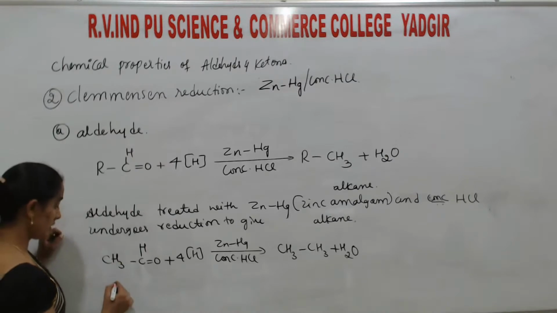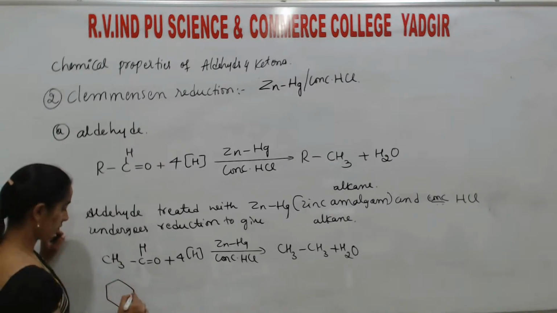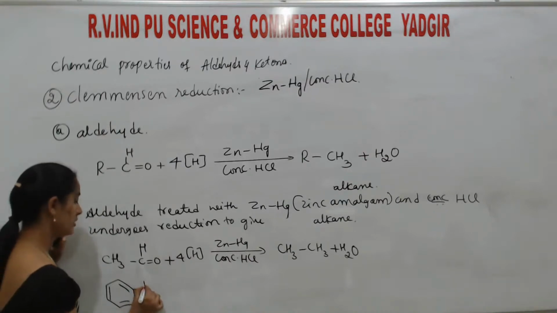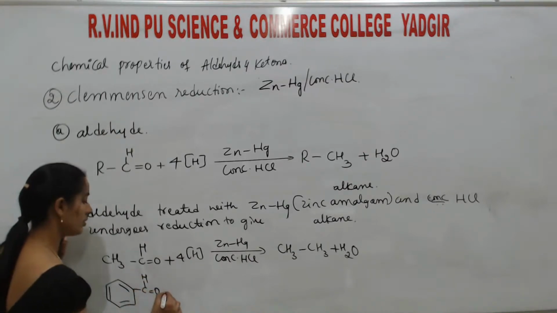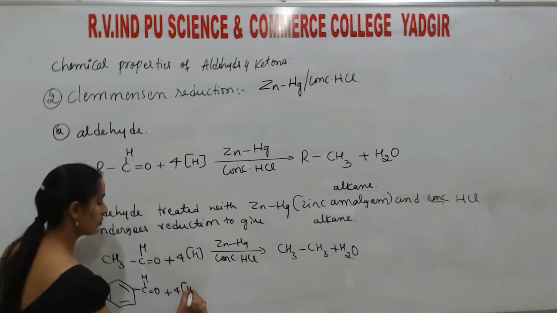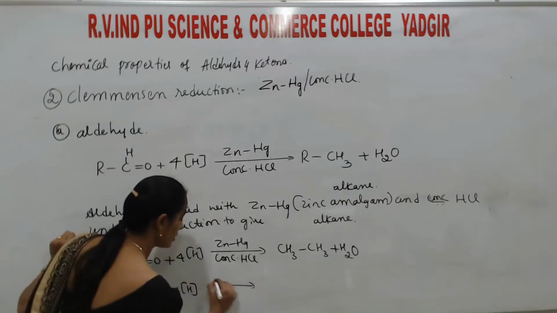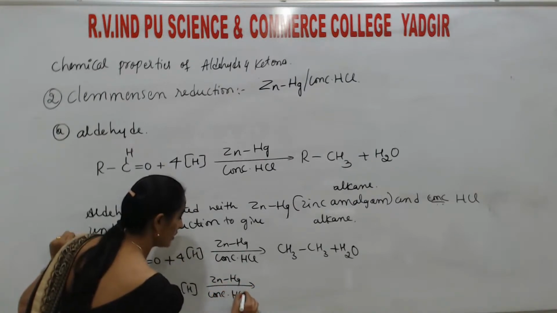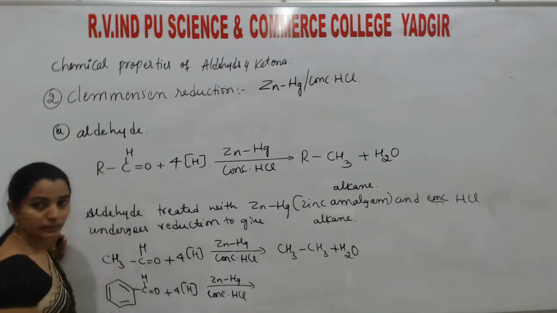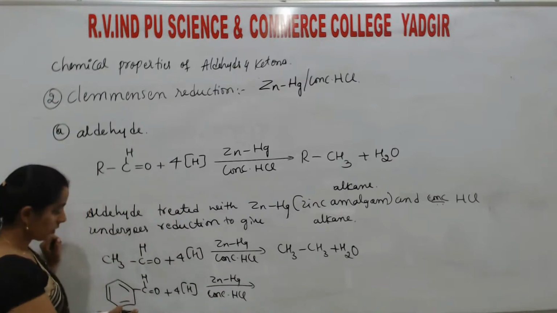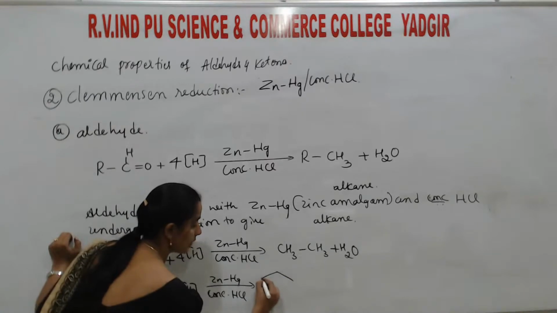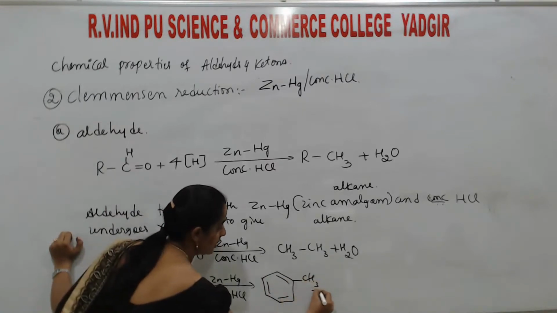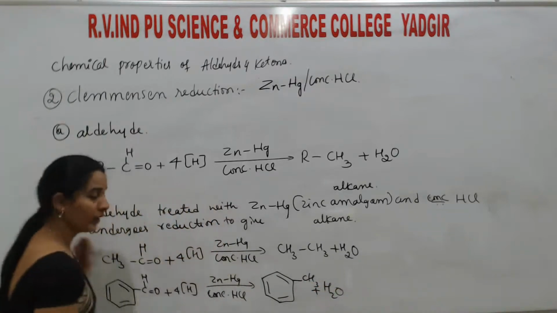You may take benzene. Benzene is there, and here CH=O is there, with 4 moles of H and zinc amalgam in concentrated HCl. What is the product formula? This R is replaced by the benzene ring, and this is also CH3 plus H2O.